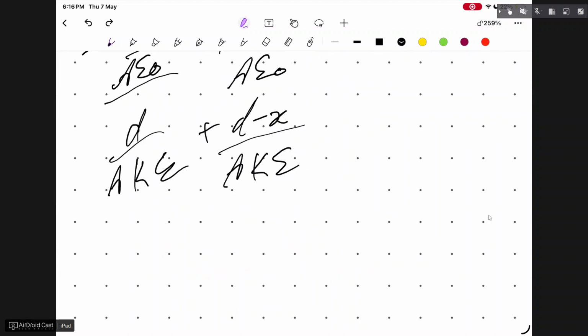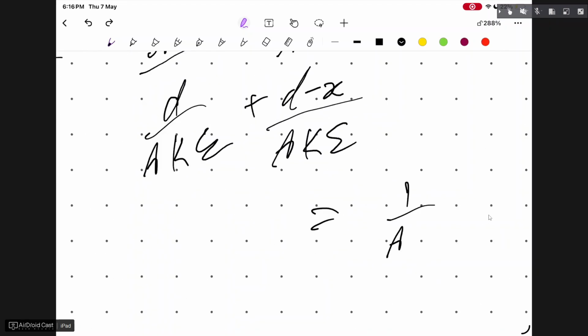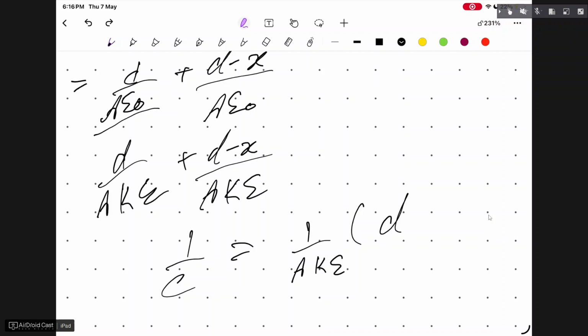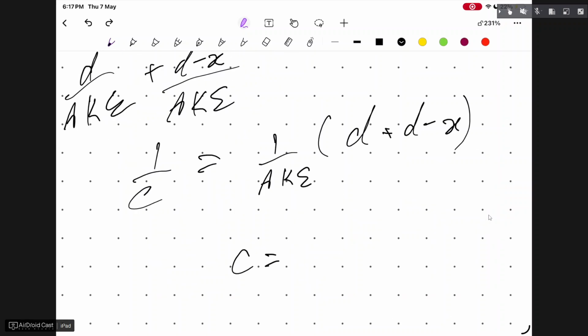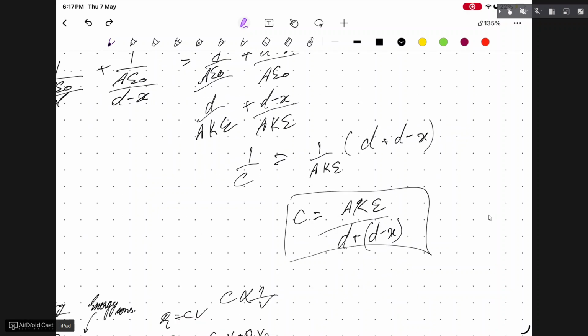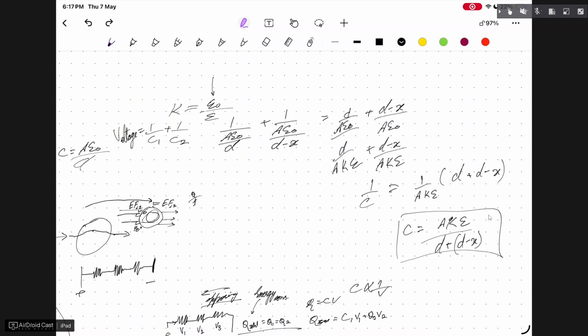So we'll get something like this: 1 by A, and remember this is 1 by C. A K epsilon naught times D plus D minus X. So now what we see here is A K epsilon by D plus D minus X. There are two formulas.